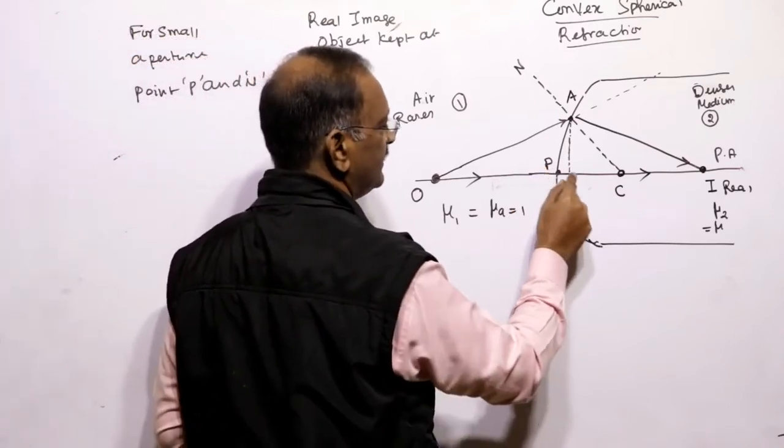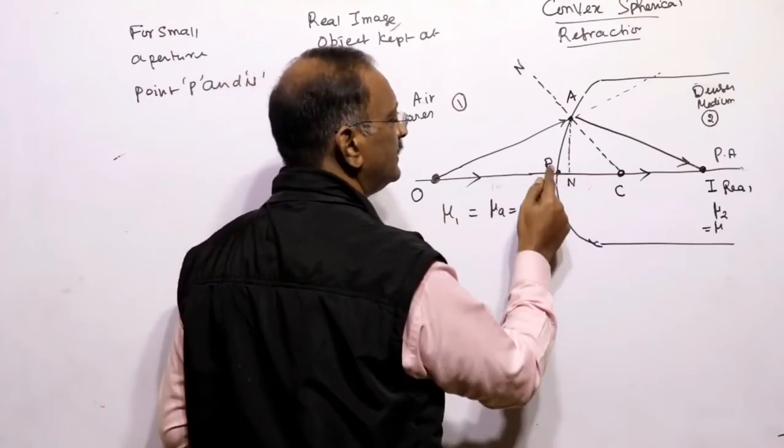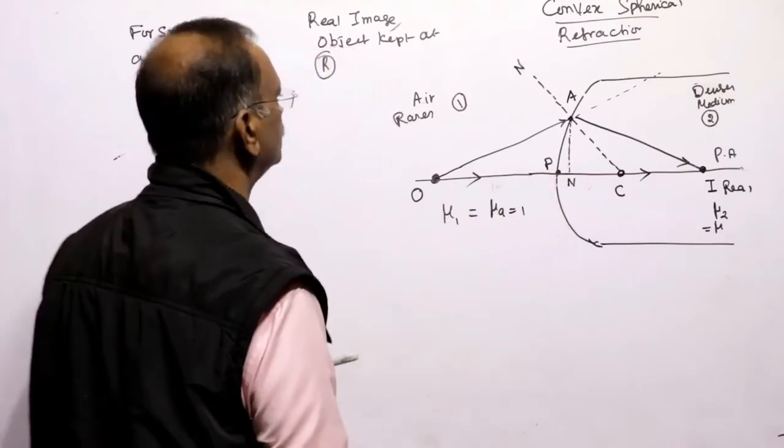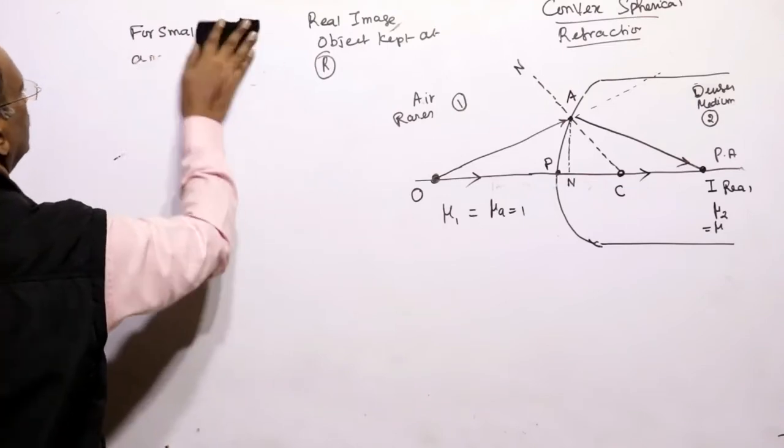So measuring the distance from N to O is as good as measuring from P to O. So this point we have to remember.